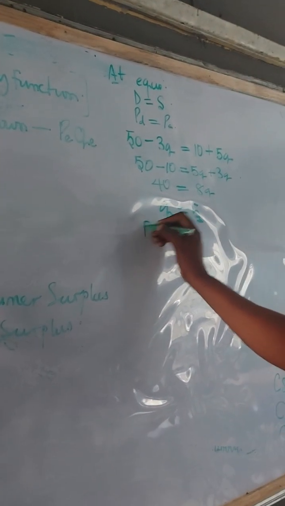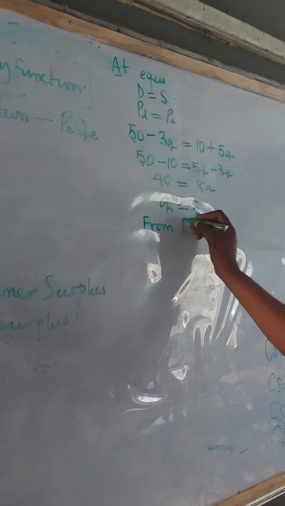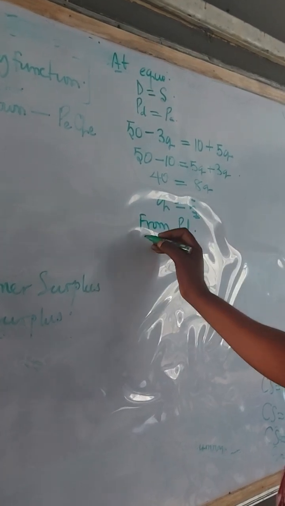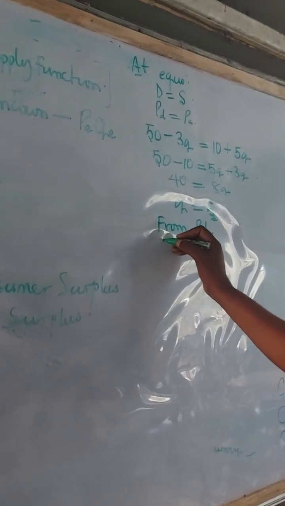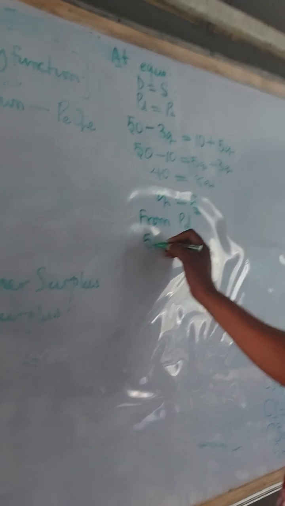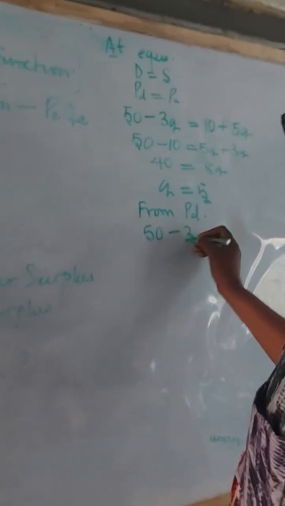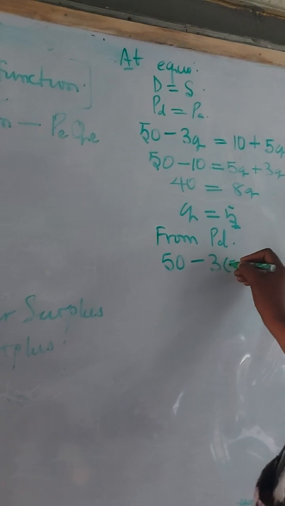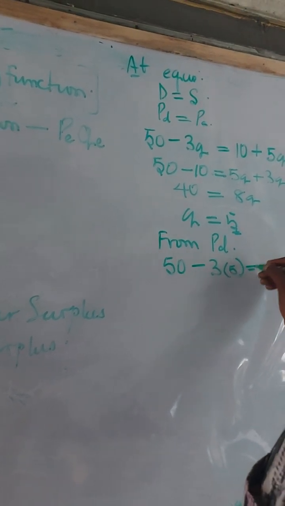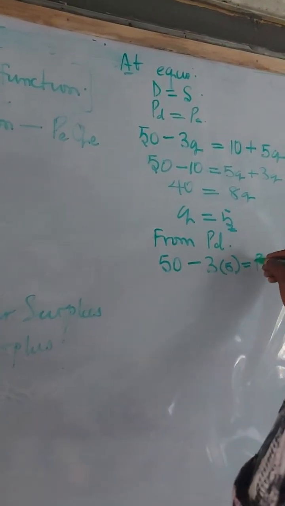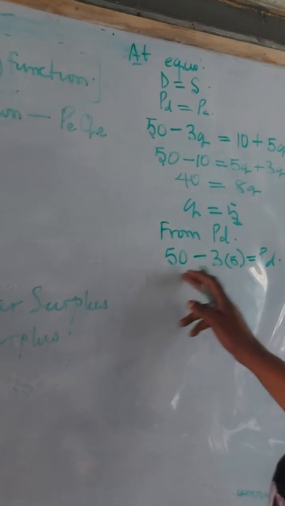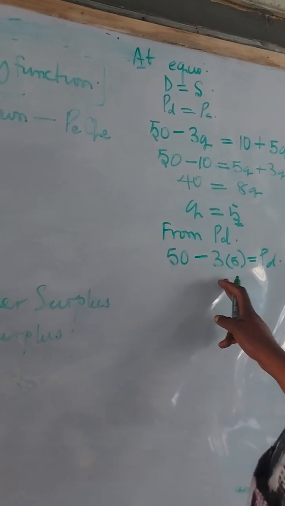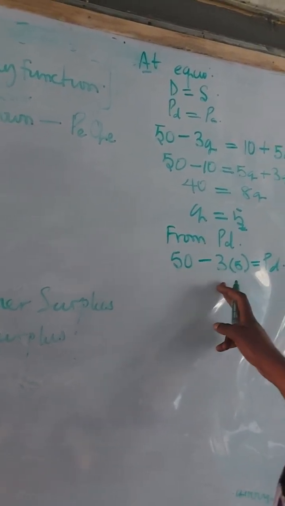So from PD, what do you have? 50 minus 3 times 5. So what do you have? What's our PD, the demand price?